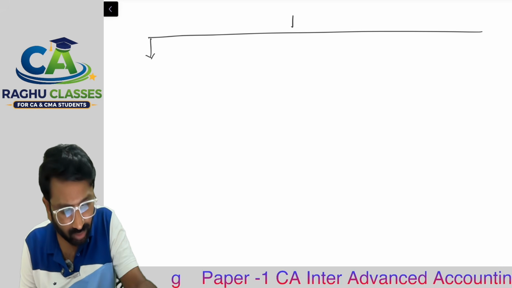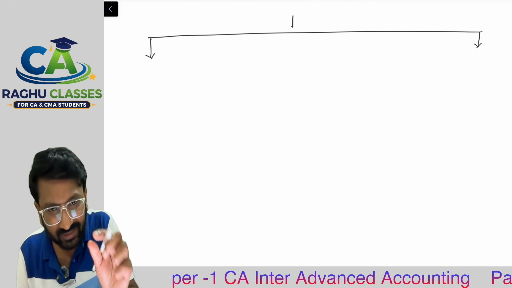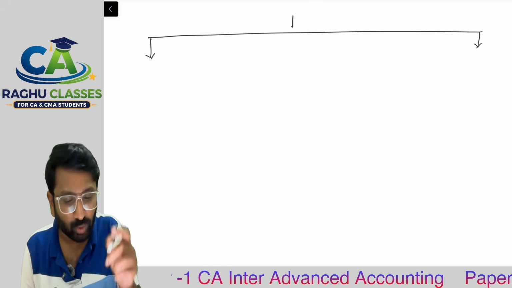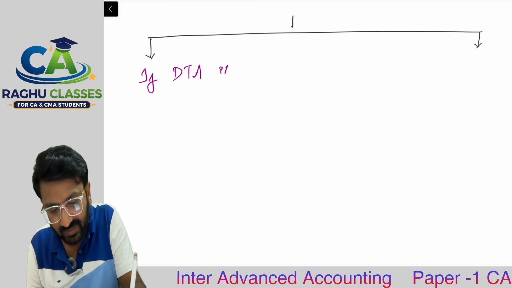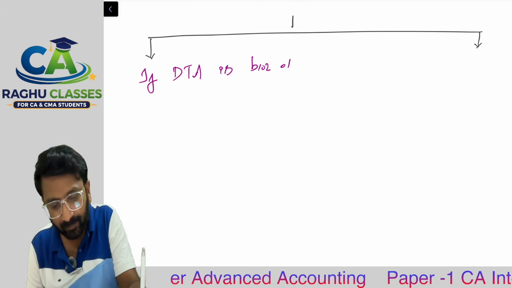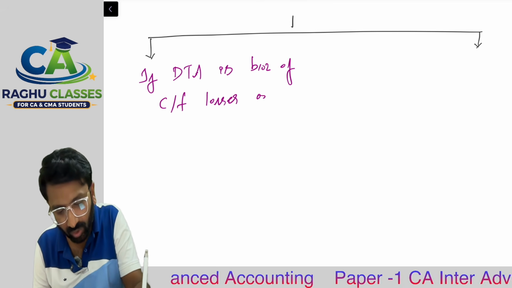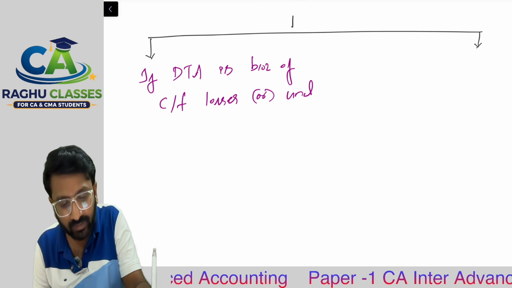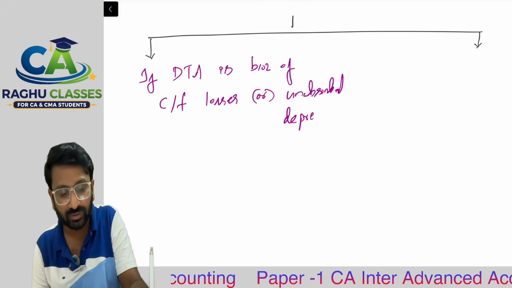Now, for that, again, you need to verify what is the reason behind this deferred tax asset coming into books. If DTA is because of carry forward losses or because of unabsorbed depreciation, you have to see what is the reason it's coming into your books of accounts.